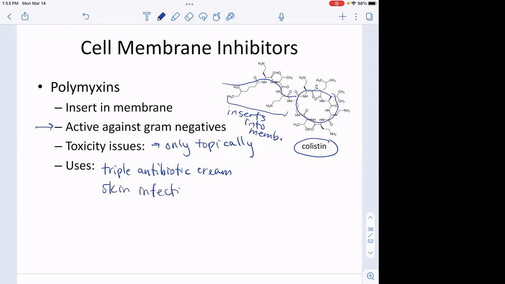So remember the other two that we talked about: bacitracin, a cell wall inhibitor; neomycin, an aminoglycoside, a protein synthesis inhibitor; and now it's polymyxin B. All right, so you've got three different mechanisms that are pretty useful against a lot of different skin infections.